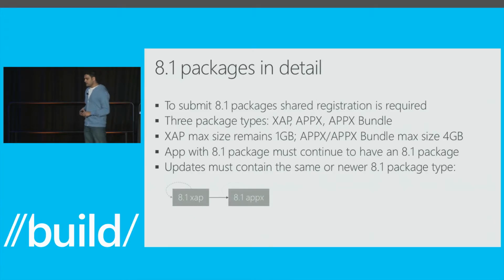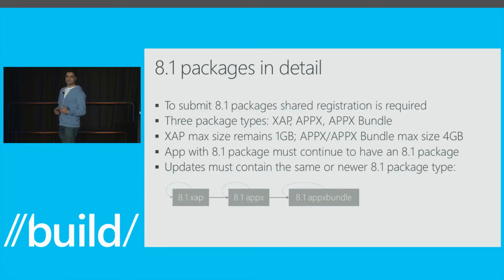And the other rule is your subsequent updates must have the same 8.1 package type or a newer one in this direction. So let's say you started off with Silverlight 8.1. Your subsequent updates can have Silverlight, or you can move to APPX or APPX bundle. But let's say your published app has an APPX on it. That means you already use the Windows Runtime APIs.